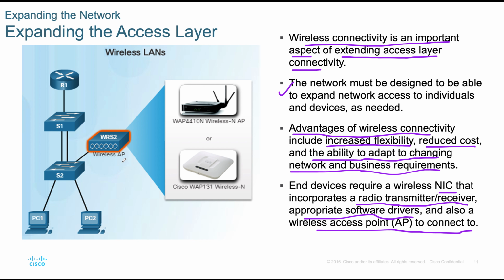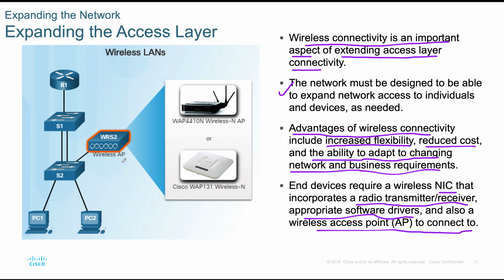Now let's move on quickly. Expanding the access layer. How do we expand the access layer? If we want to expand the access layer, we just need to use what we call the wireless local area network. If you are using only a wired network, there is a limit that we can go, because of the number of ports that are available on the switch.